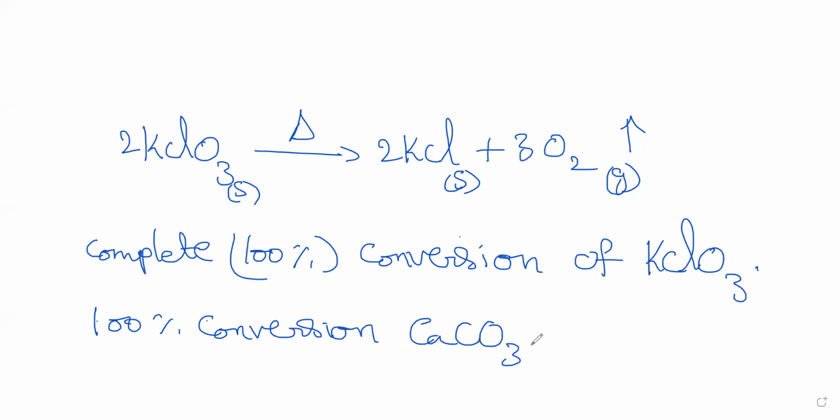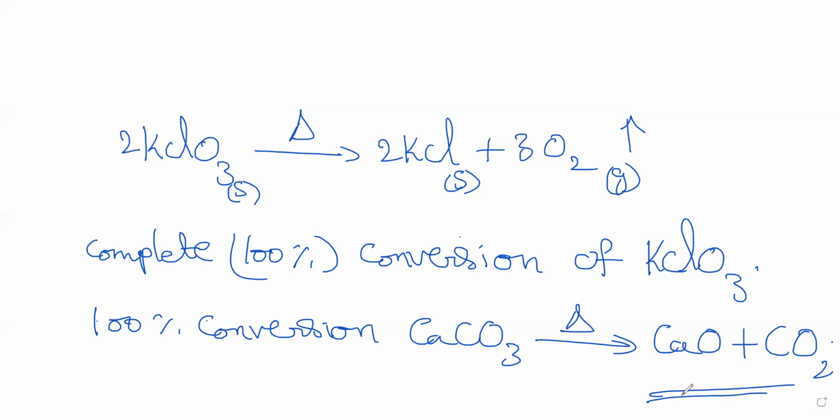When we heat, you get CaO plus CO2. You will get 100% conversion in a controlled atmosphere. We went up to temperatures of 850 degrees centigrade, and we got this conversion done very nicely.